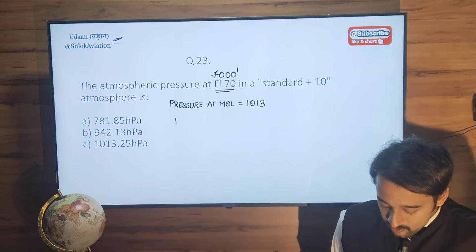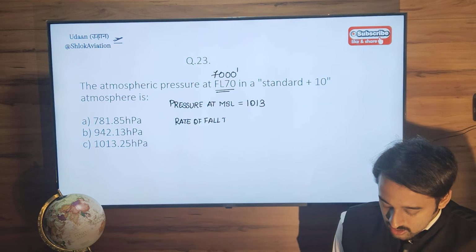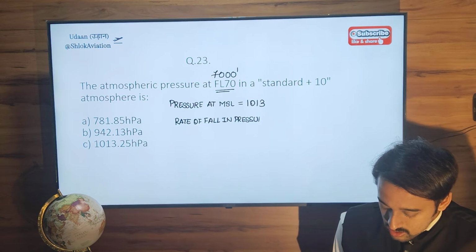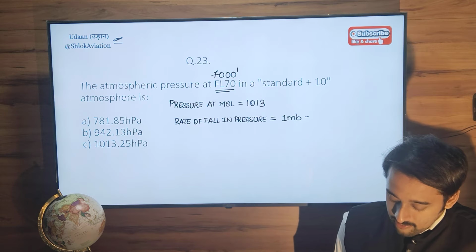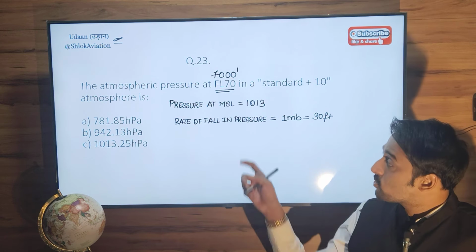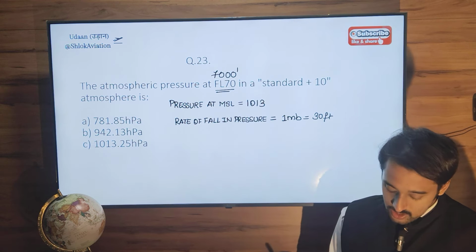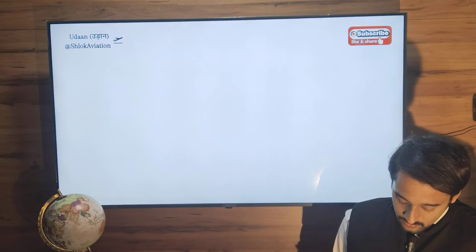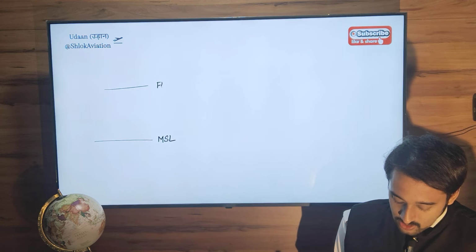We know the rate of fall in pressure is equal to 1 millibar every 30 feet. So we have to find the rate of fall of pressure starting from mean sea level up to flight level 70.